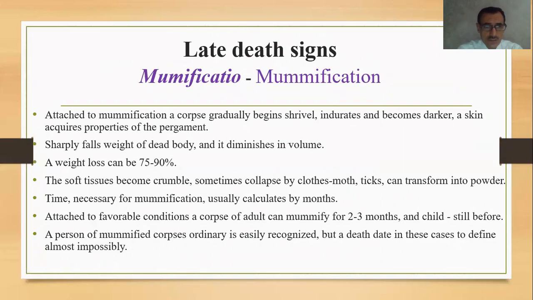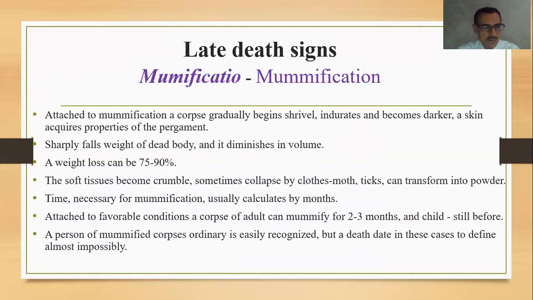Attached to mummification, a corpse gradually begins to shrivel, indurate, and become darker. A skin acquires properties of the parchment. Sharply falls weight of dead body, and it diminishes in volume. A weight loss can be 75 to 90%. The soft tissues become crumbled, sometimes collapse by closest mouths. Tissues can transform into powder.